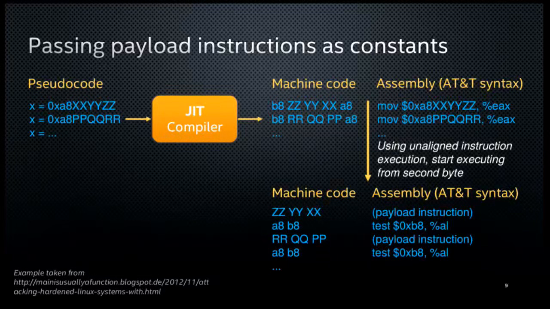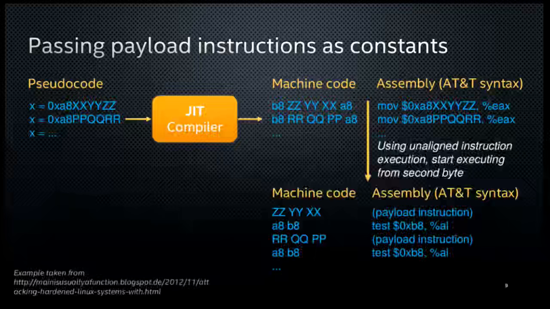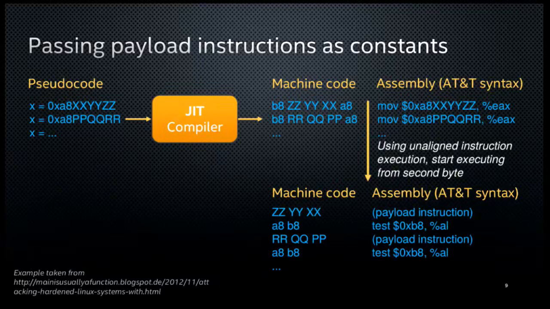And if you see here in the example on the right, if you move the execution of instructions just by 1 byte, you get a pretty different outcome. So you actually have 3 bytes of instruction supplied for your payload, which you can execute, and you can freely choose. And when you have these 2 instructions, A8, B8, the B8 comes from this move, so you can't control that.